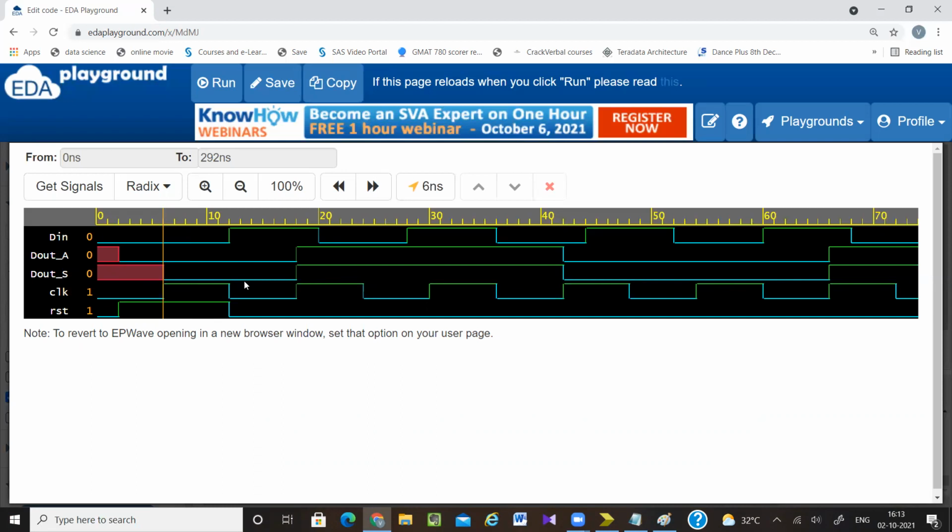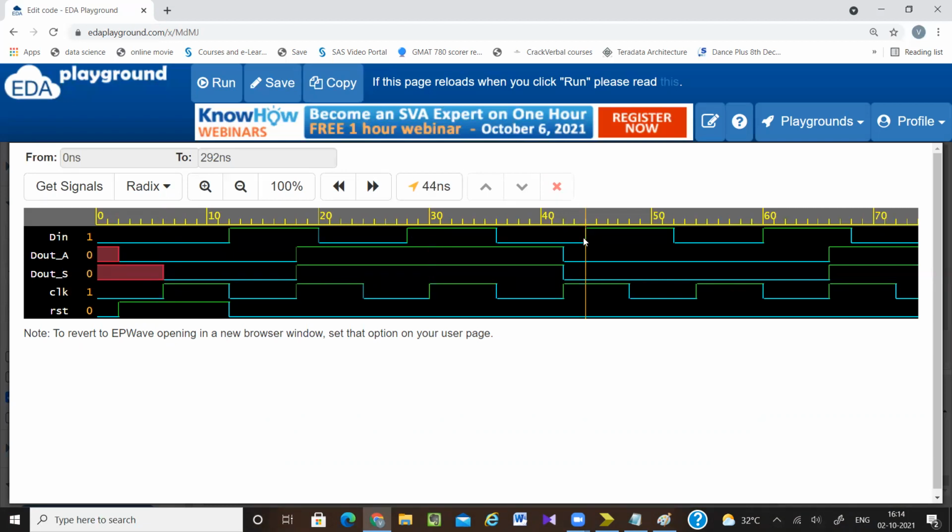Next, checking the D flip-flop output. So this is the passage of clock. In the passage of clock, my D in signal is equal to 0, so output is 0. Next, in the passage of clock, my D in signal equals 1, so output is 1. Next, in the passage of clock, D in signal is equal to 1, so output equals 1. Like this, you can check.